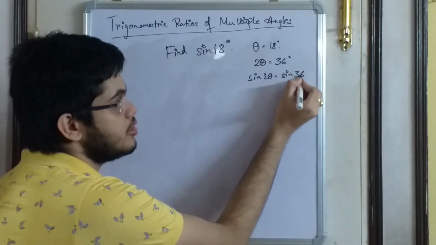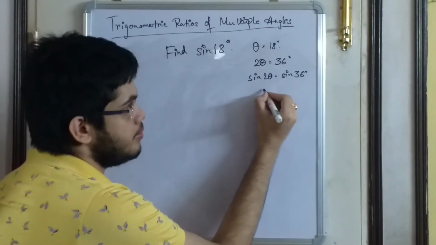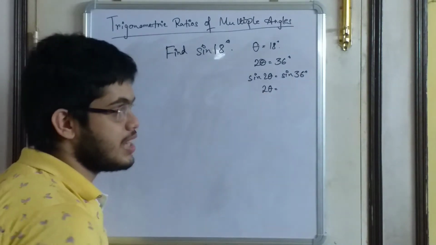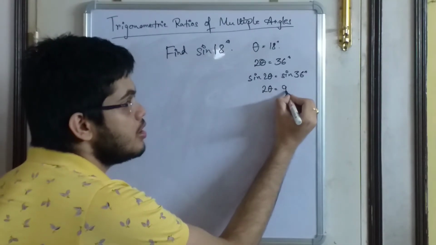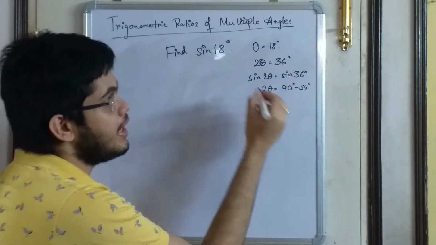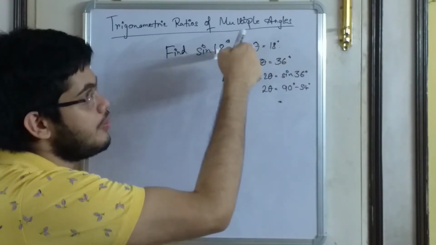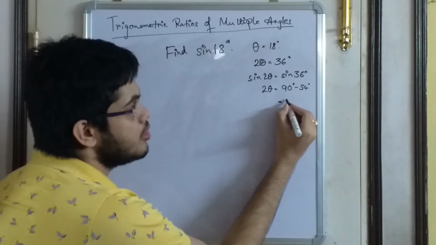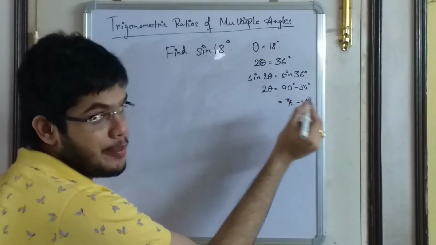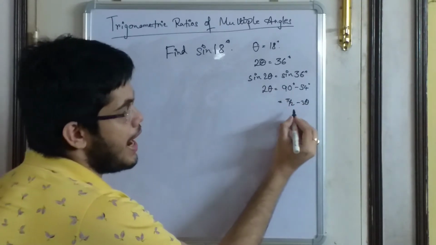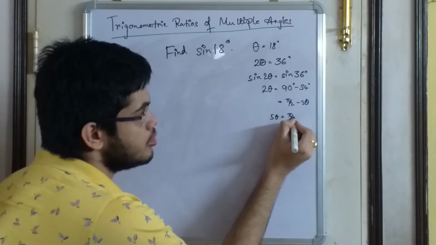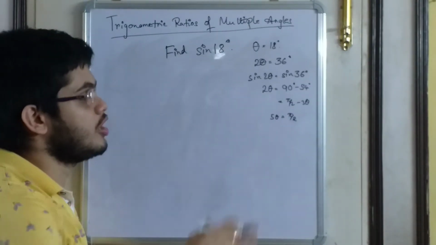Now 36 degree we can write as 90 degree minus 54 degree, and 54 degree is 3 into 18, so we can write it as 3 theta. So 2 theta is equal to pi by 2 minus 3 theta. So add 3 theta and we will get 5 theta is equal to pi by 2. Okay. No, sorry.